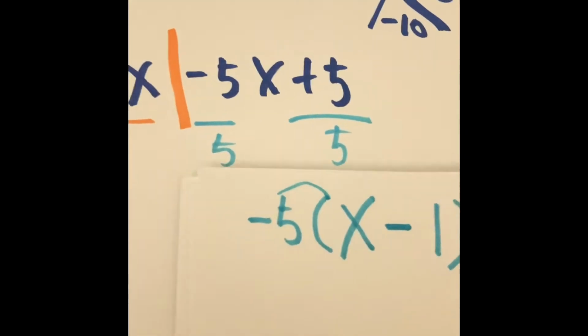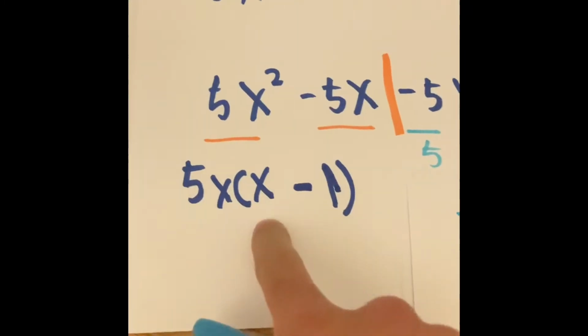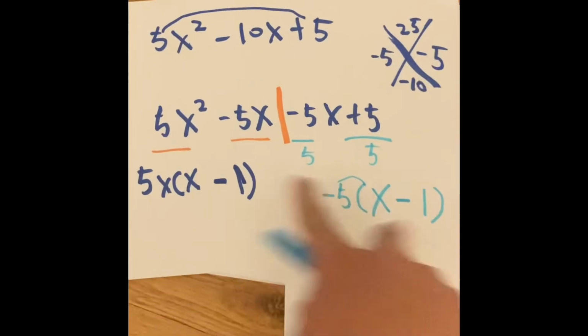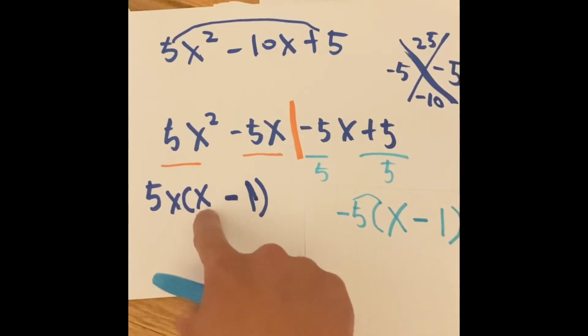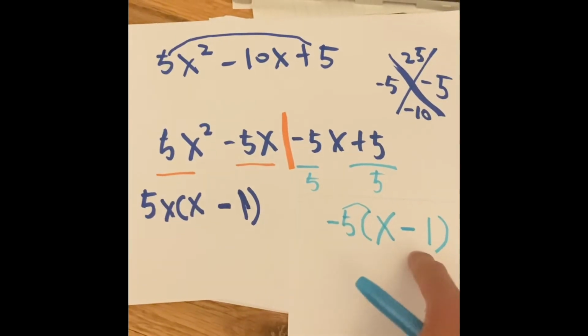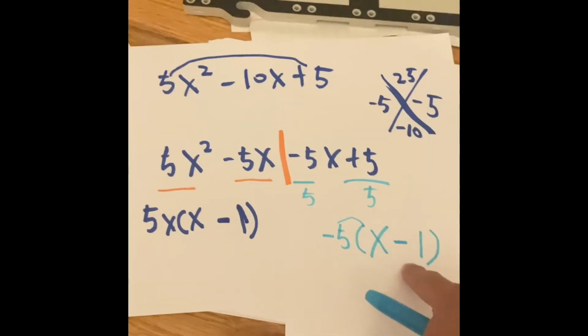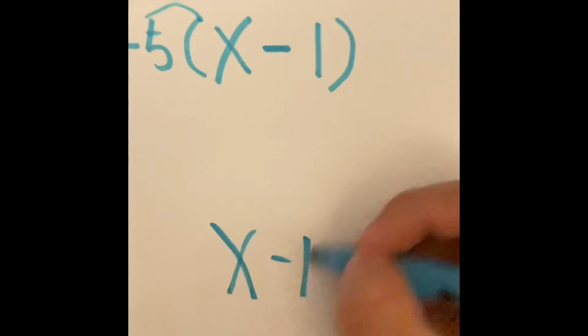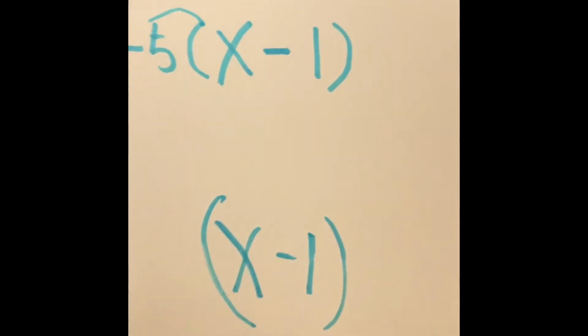So we have two expressions, this one and that one. Since x minus 1 and x minus 1 are the same, we can cancel them out and just use x minus 1 as one of our factors.